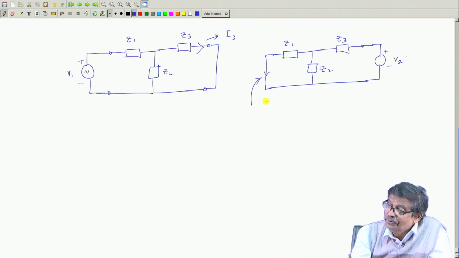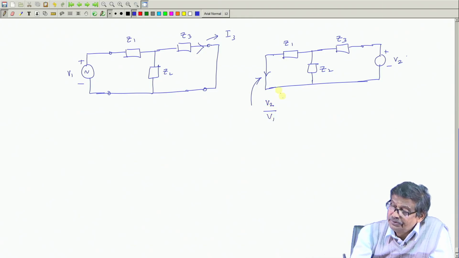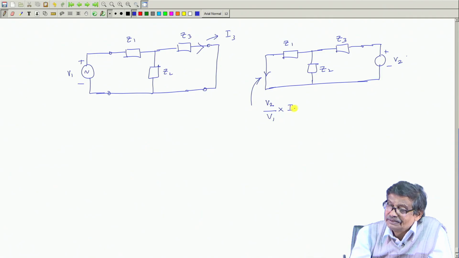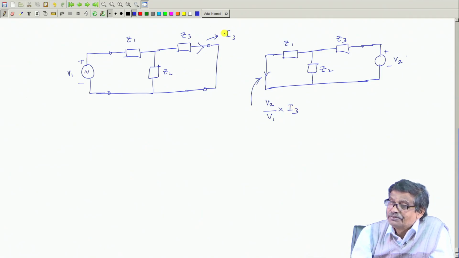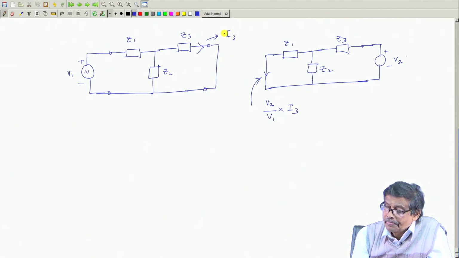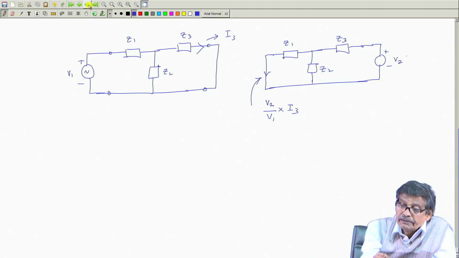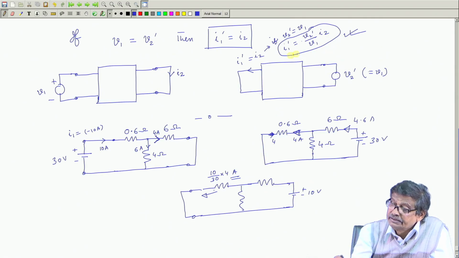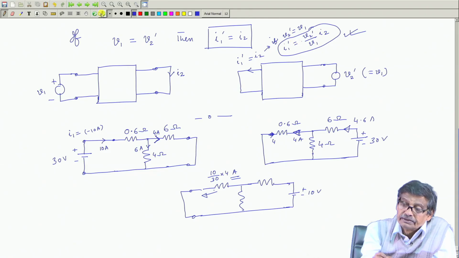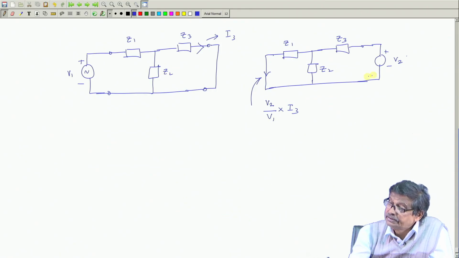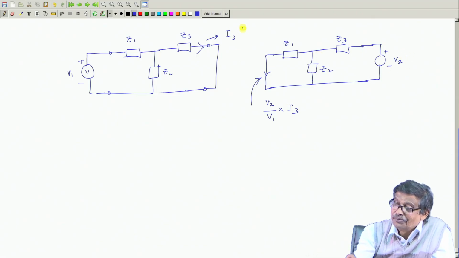It will be equal to V 2 by V 1 into I 3, where I 3 was defined earlier. This is the crucial thing, V 2 dashed by V 1. So, V 2 dashed is this one, V 2 here. Be careful whether I call it V 2 dashed or V 2, it does not matter now.